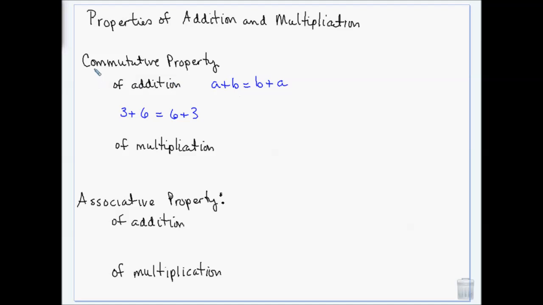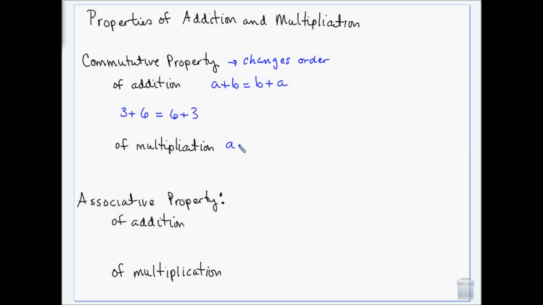A way to remember that commutative property changes the order: if you think about your commute, you commute from home to work and then from work to home. Same distance, you just change direction. So that's commutative property. You're just changing direction. Okay, same thing with multiplication.